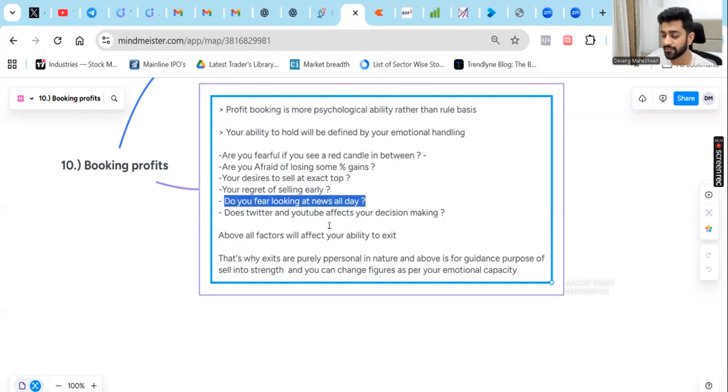What happens next day? You get fearful. You think, "Oh no yaar, I took so much, now the stop loss will get hit. I should probably wait for the news to settle." I don't know what this thing is, but people say this all the time: let the dust settle.